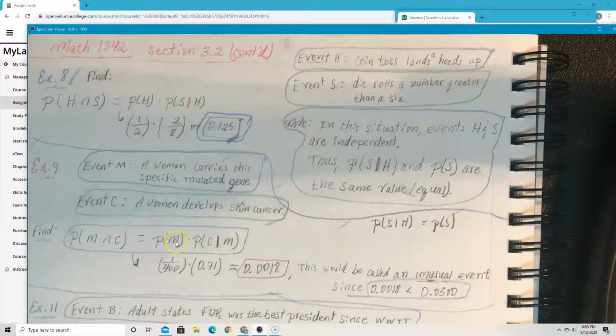So we know the probability that a woman will carry this specific gene is 1 out of 400. So we write it down. Times the probability that a woman will develop skin cancer, given, conditionally knowing that they have this particular gene, is 71%, 0.71.